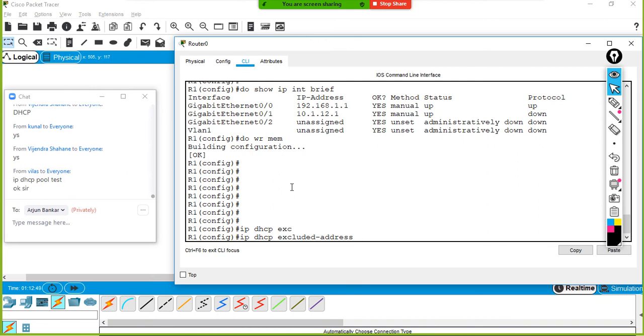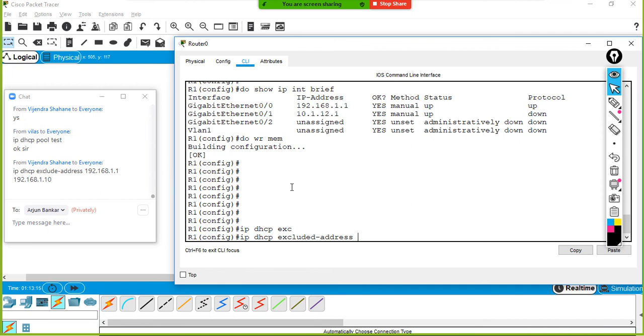Because usually, as I told you, whenever you are going to configure the DHCP, make sure that first you configure the excluded address. Then after that, we need to configure the pool, right? So everyone, okay, Vijendra, you type it in one shot, huh?